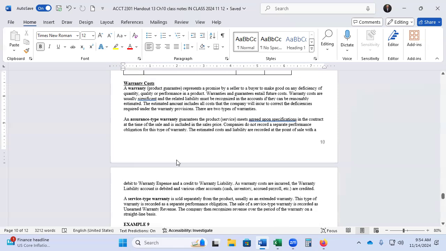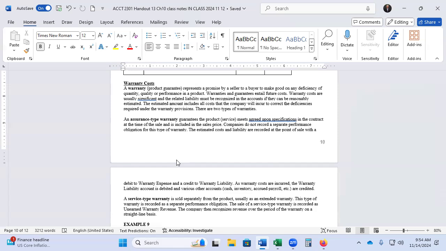All right, so now you have the next section that explains what a warranty is. You have two types of warranties. You have an assurance type warranty, and that's that you don't pay anything extra for it. It just comes with the product, and it basically says this product is going to work for 30, 60, 90, 120 days, a year, and it's going to do the things that it says it's supposed to do.